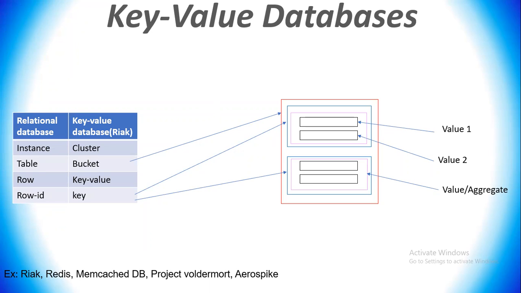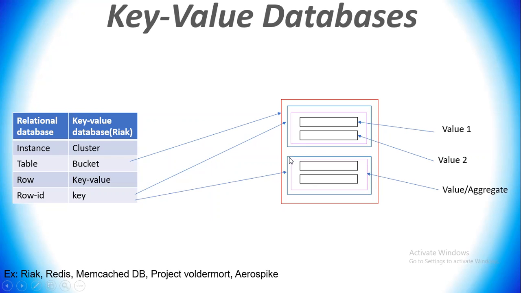As the value, you have the aggregate. What you have as the table is shown using this red line. Within this bucket, you have different rows. In these key value stores, it is a key value pair. It is this blue line.